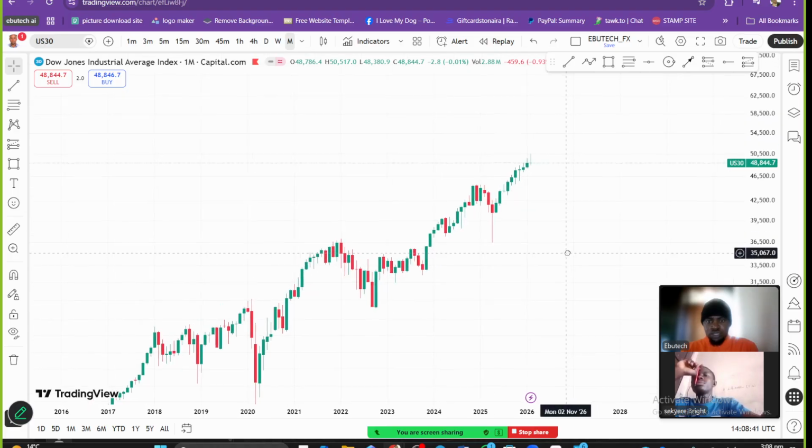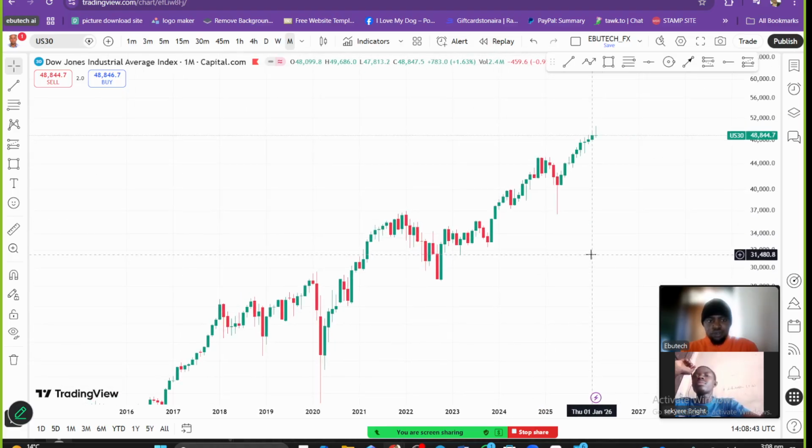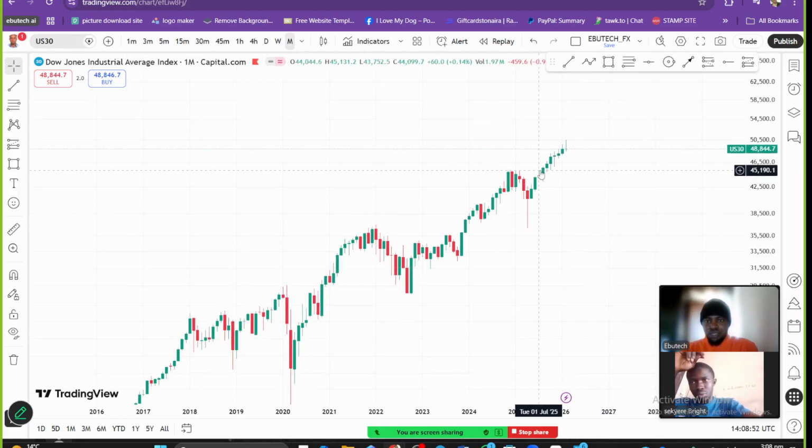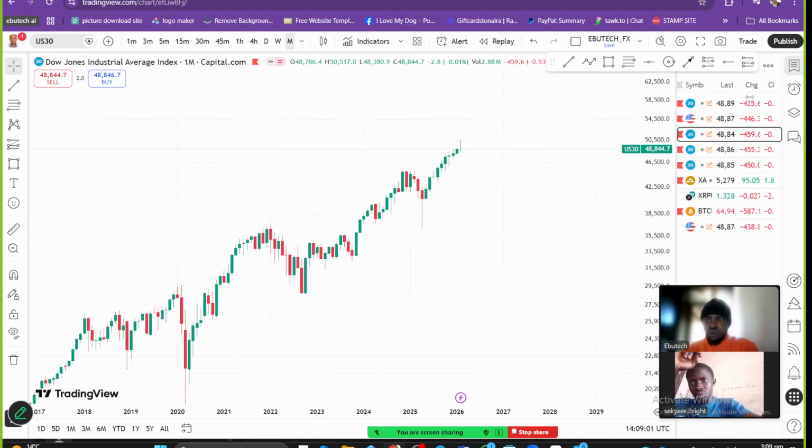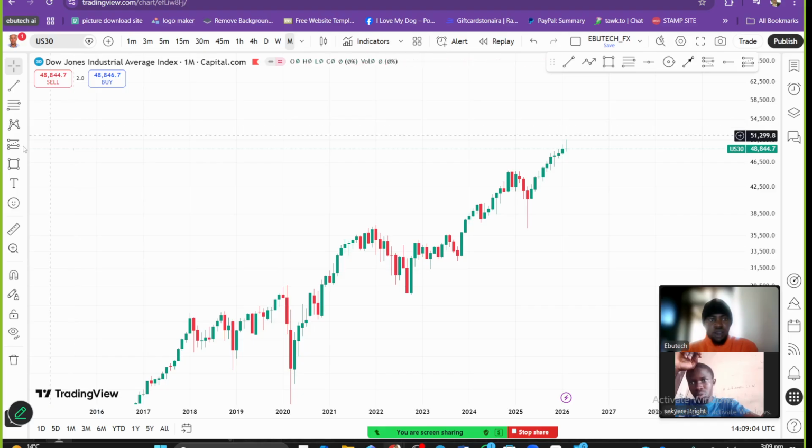So now this is US30. First thing first, when you have opened this TradingView, if you want to analyze this market, the first thing you need to do is mark out your zones. Remember, I usually say that we have 7 confluences that we use for our analysis.